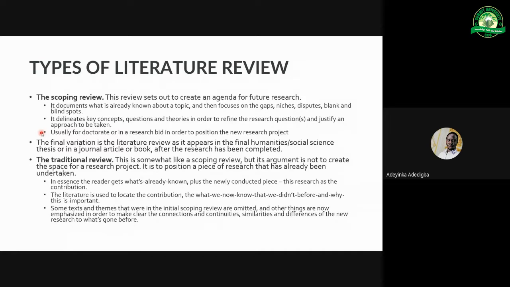Remember, I have built my drone, I have tested it, but now I want to publish it. So I need to carry out a little literature review to position my research: what is the theoretical background, what have people been doing, why do I have to do what I have done, and all of that. That is what a traditional literature review seeks to answer.